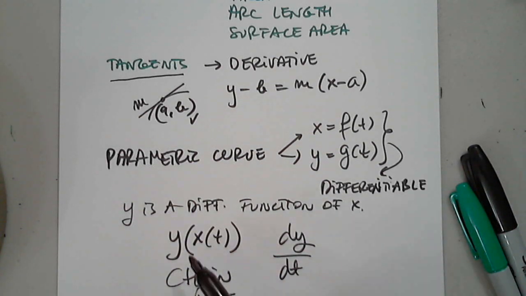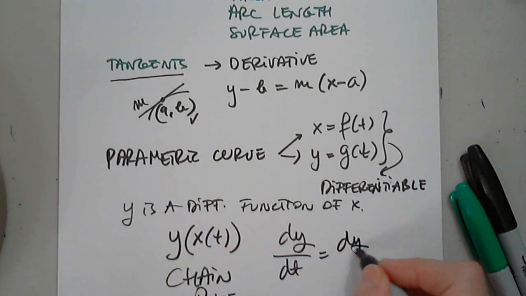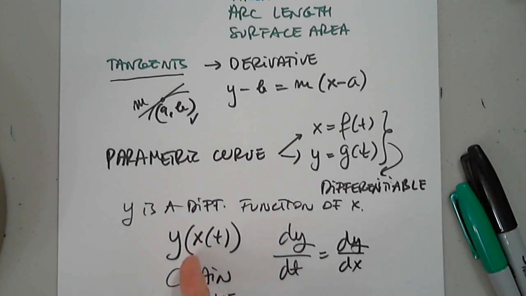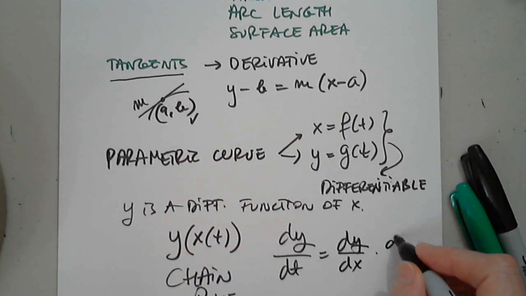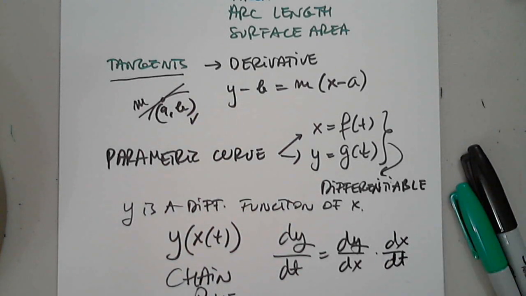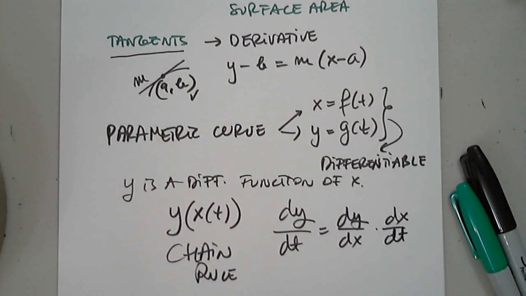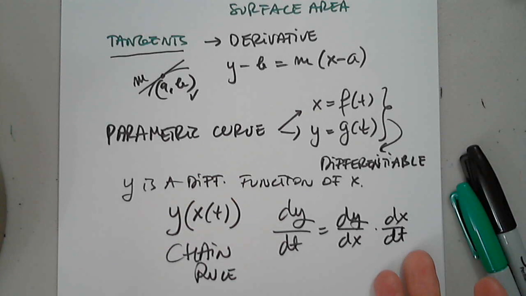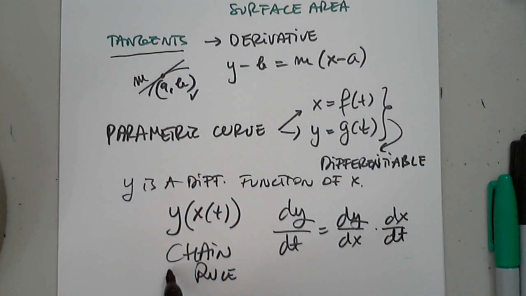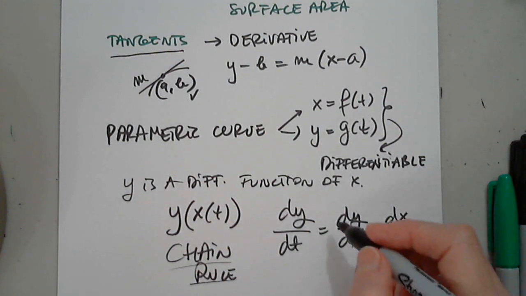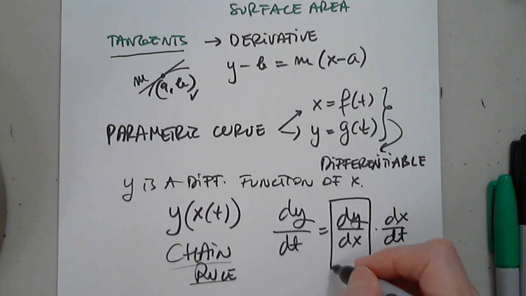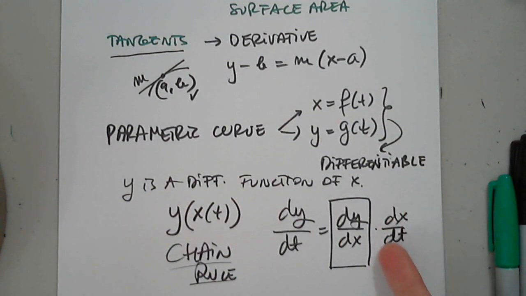So we first differentiate y with respect to x, and then we differentiate x with respect to t. This is a long known rule, right? The chain rule, it comes from Calc 1. Well, what we're interested in is determining dy over dx, so what I have to do is divide by this quantity.